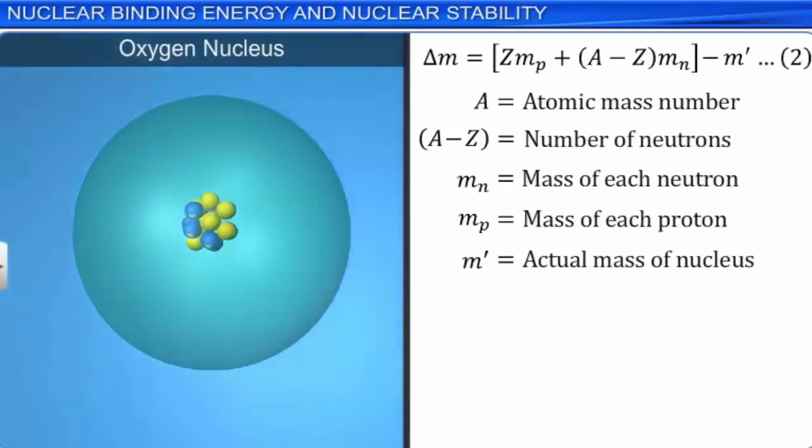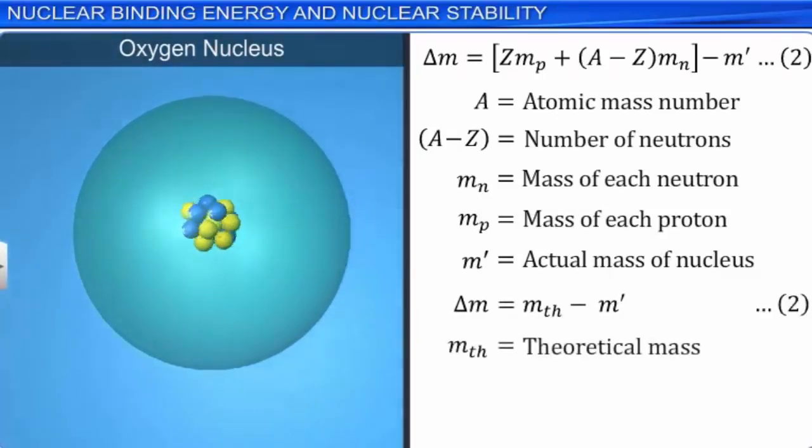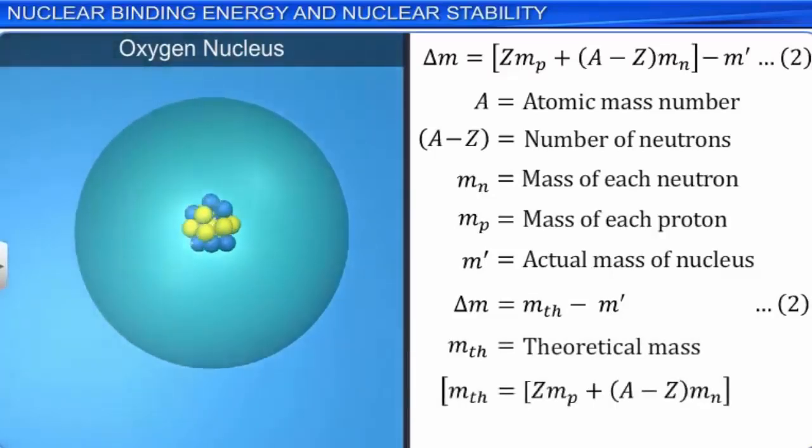Equation 2 can also be written as MTH minus M', where MTH is the theoretical mass of the nucleus, which is equal to Z × Mp + (A - Z) × Mn.